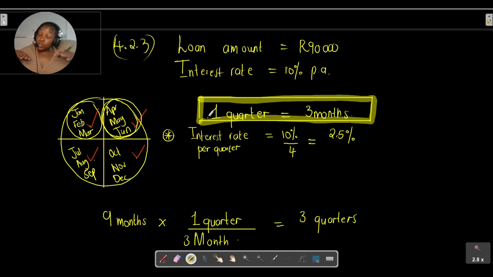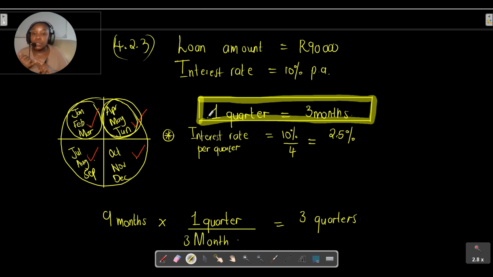Because if interest is compounded quarterly, that means when we're calculating interest, we are looking at how many times that interest is added quarterly. So it's very important we change the year or the period to quarters, and we also change our interest rates to include the fact that interest is getting added per quarter.